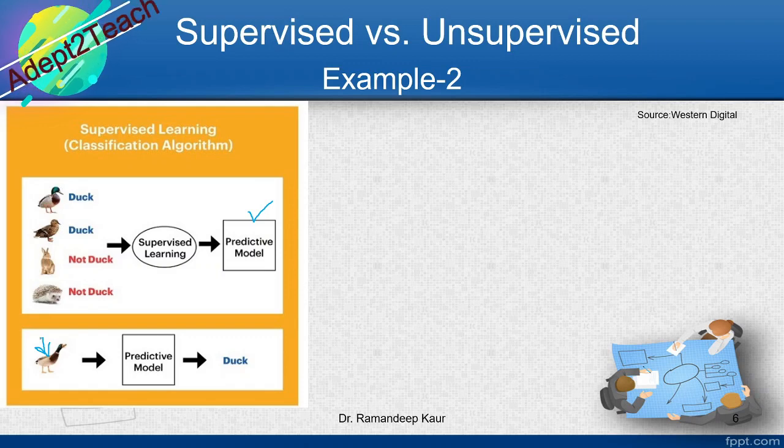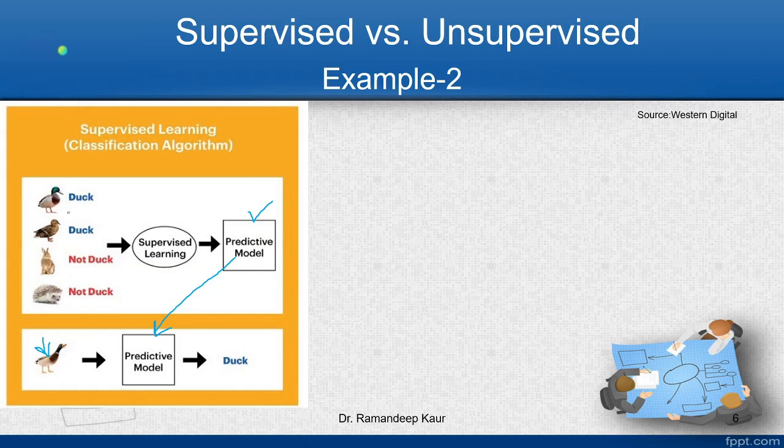Based on the predictive model decided from the previous case, it will be decided that the features match the training data set and are similar to a duck. So now it is a duck. This is supervised learning and basically the classification algorithm.